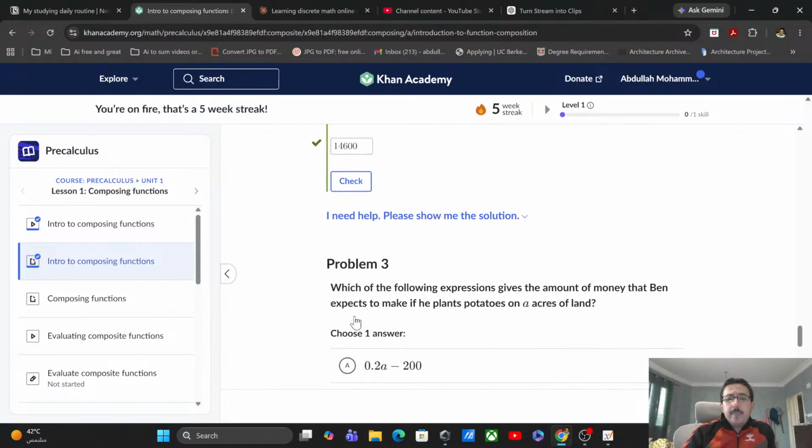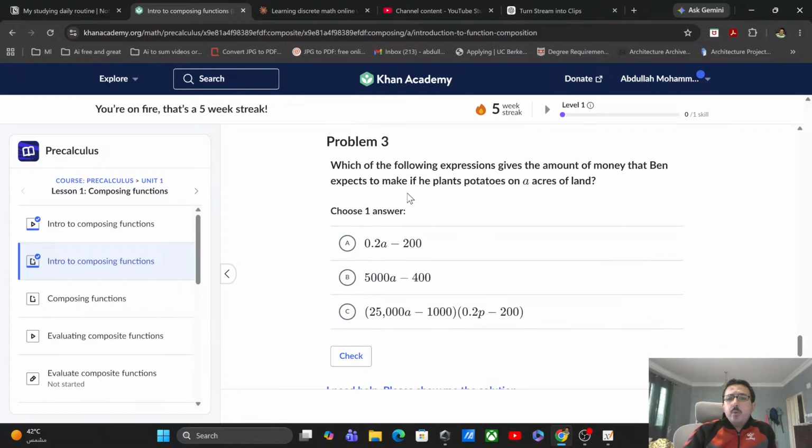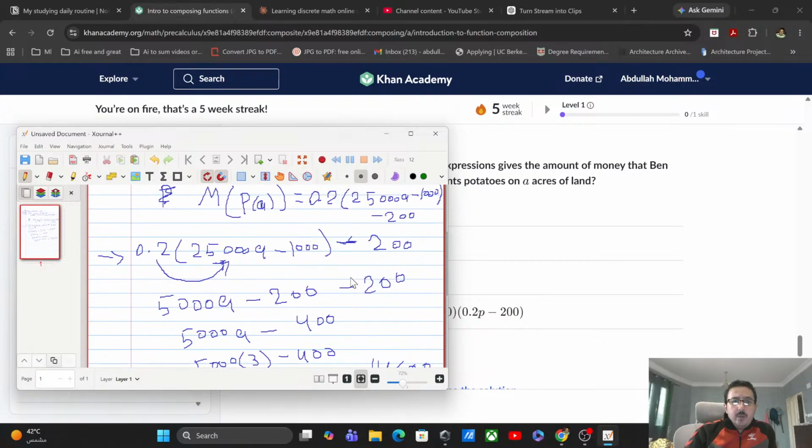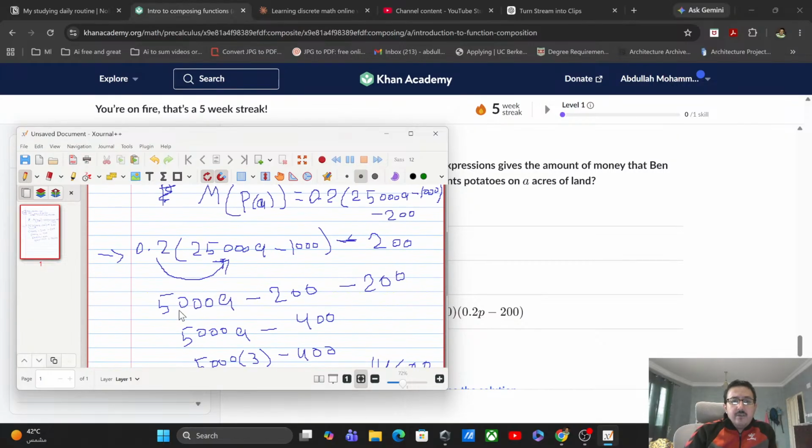That's correct. Problem theory. Which of the following expressions give the amount of money that Ben expects to make if he plants potatoes on A acres of land? It's this one. Am I correct? So we have 5,000 A minus 400. And this is where we get it.